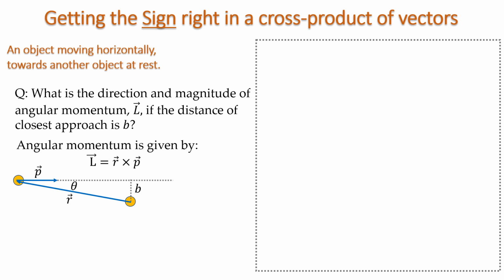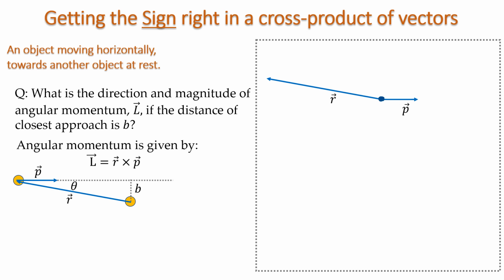In yet another example, we are required to find the direction of the angular momentum. We are given the vector r and vector p and the distance of closest approach b. Again, we draw r and p separately so that they start from the same point.